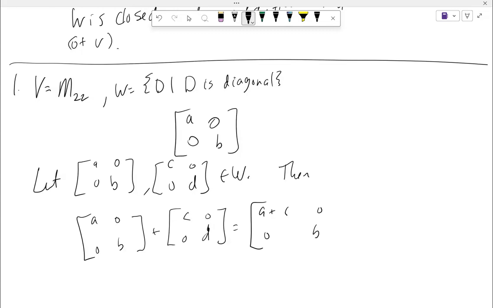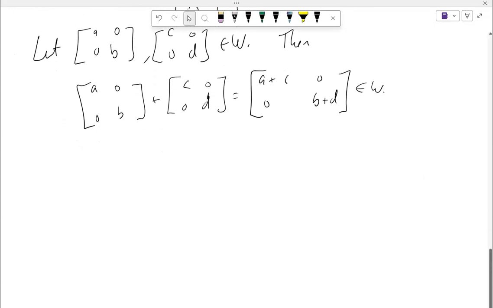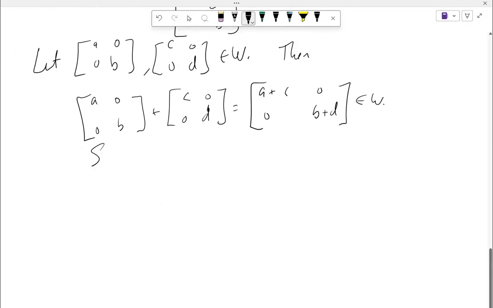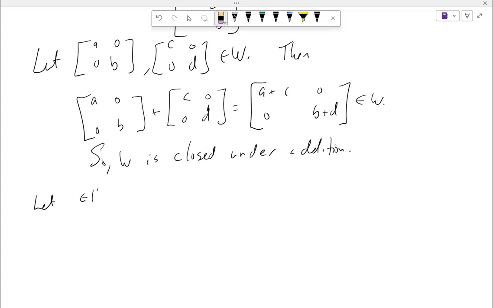Good. Is this a diagonal matrix? Yeah. So this is back in W again, right? So W is closed under addition. Oh, let's not use C. Let's use K, since I already used C for a different letter.